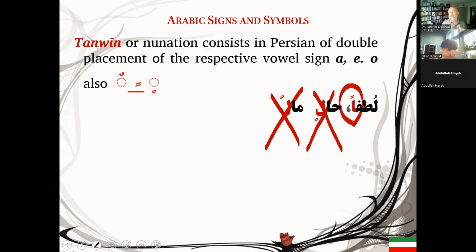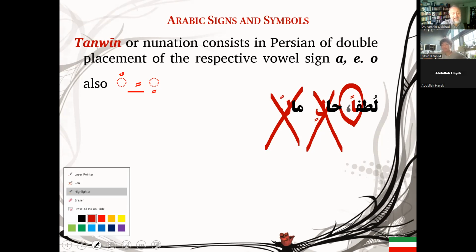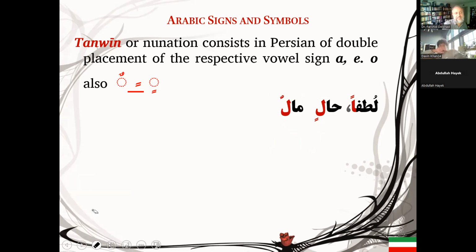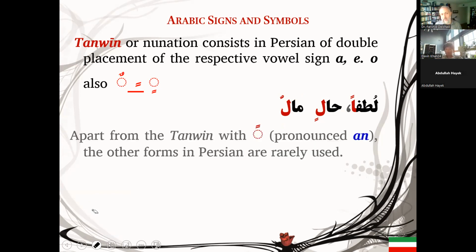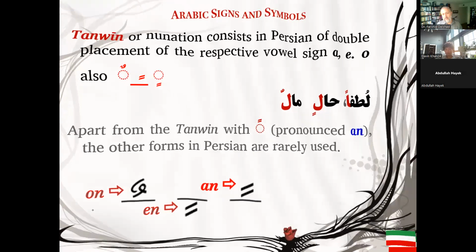It means the only remnant from that nunation or tanwīn in Persian is to use those Arabic words as adverbs. And if they have an adverbial meaning, it means they are free in the syntax of the phrase. You can put it whenever you want, because lutfan in Persian just means please. It doesn't have any syntactic role in the phrase unless having an adverbial meaning. So from an, in, and on, the only one that remained is an.